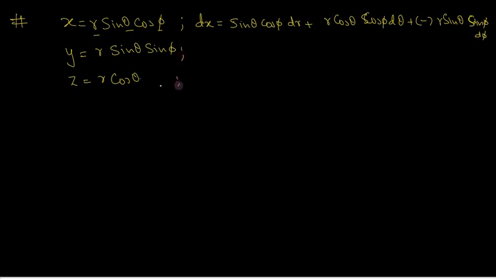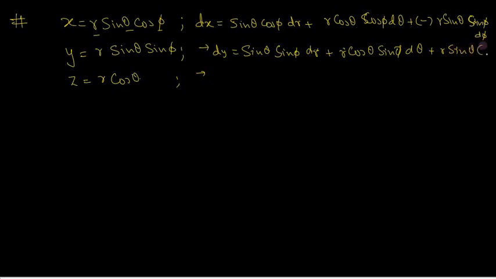Similarly you can write for dy and dz. So dy is equal to, I am writing it fast, sine theta sine phi dr plus r cos theta sine phi d theta plus r sine theta cos phi d phi, and dz is similarly minus r sine theta d theta plus cos theta dr.